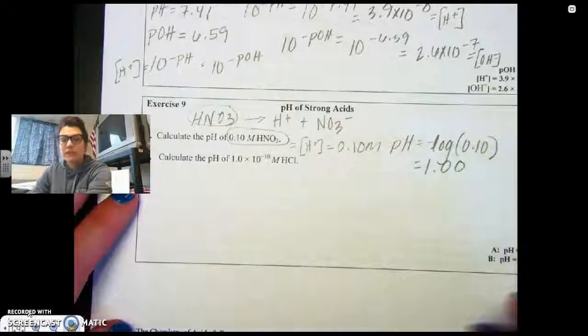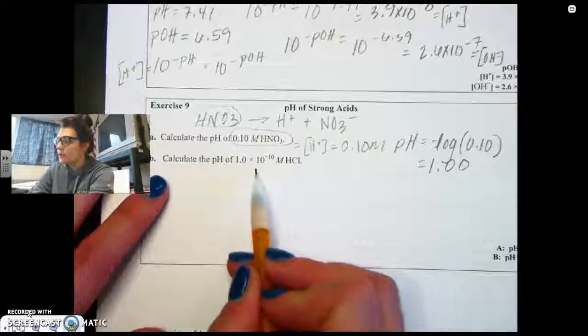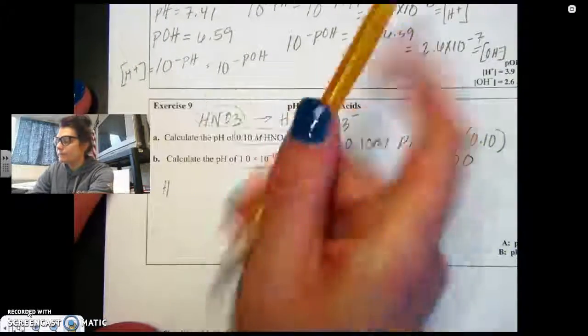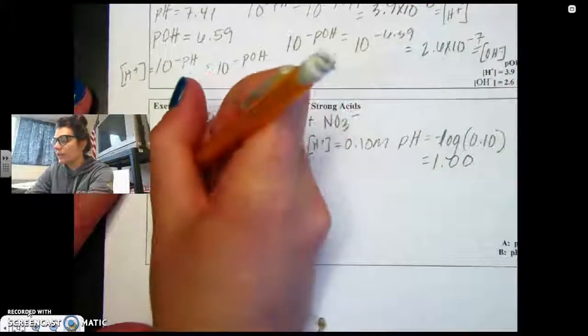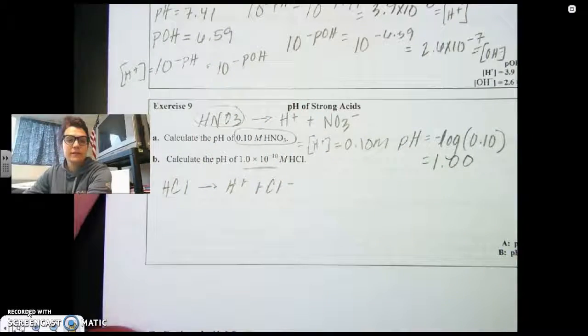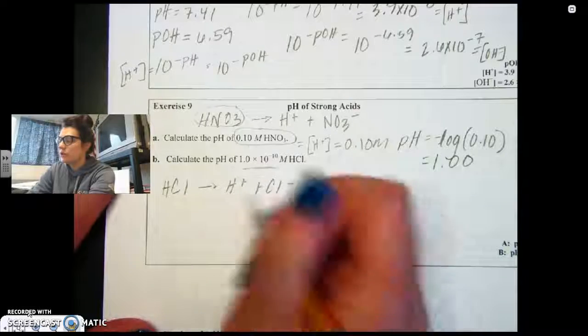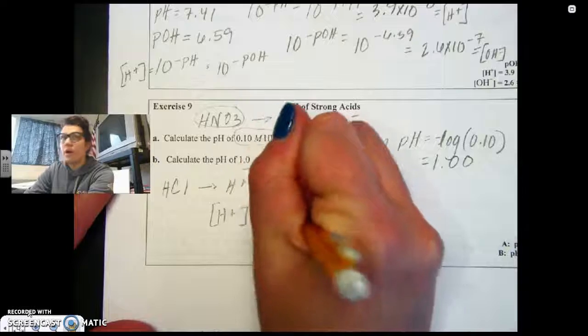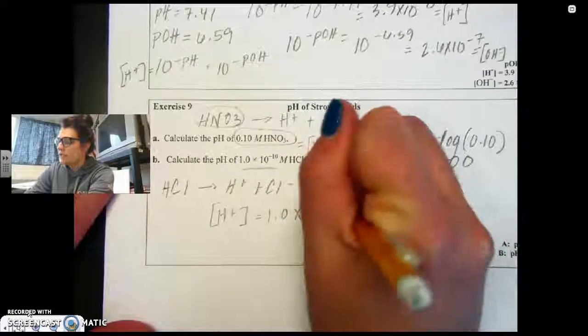Okay. Down here, you'll notice that the H plus is a little bit smaller. So again, thinking about the way that a strong acid ionizes, which is completely, it'll be H plus and Cl minus. So then the concentration of the H plus is going to be equal to 1.0 times 10 to the negative 10.